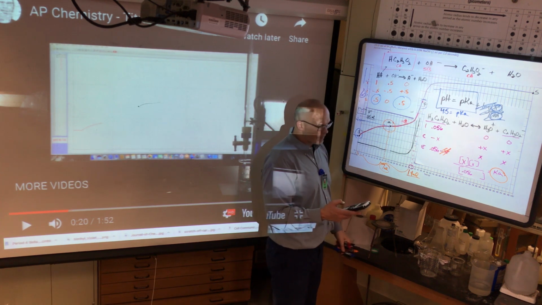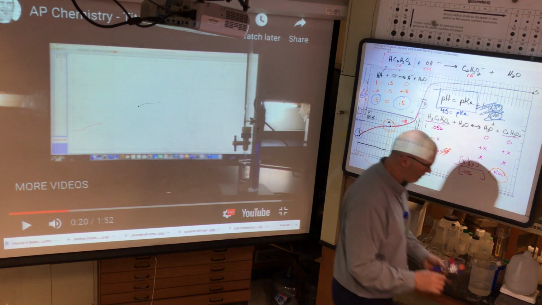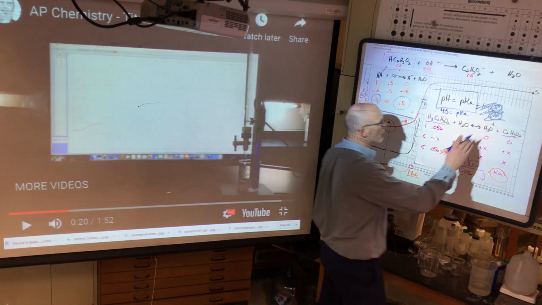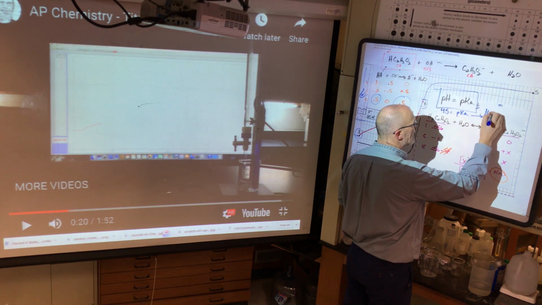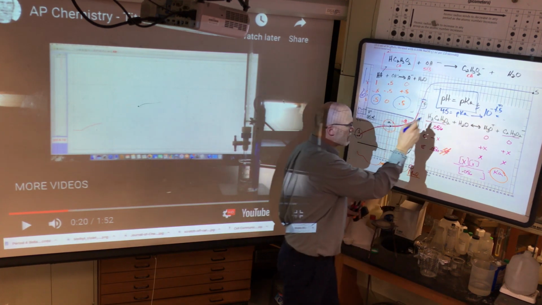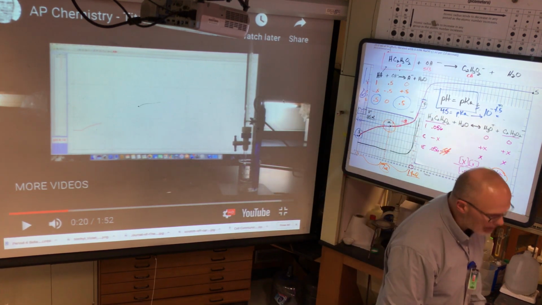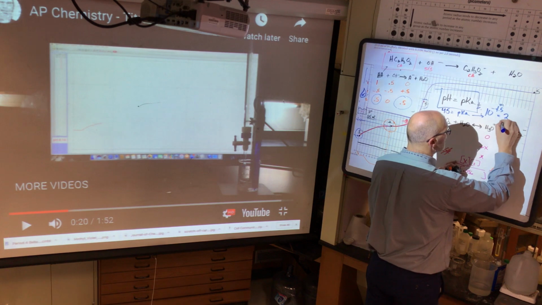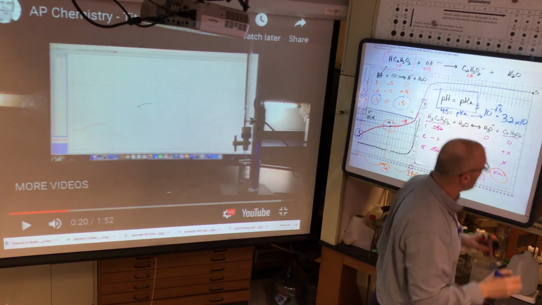And what I get is 3.2 times 10 to the negative 5. Party people, by taking 10 to the negative 4.5, I just converted that exponent into the actual number, and that number is 3.2 times 10 to the negative 5.